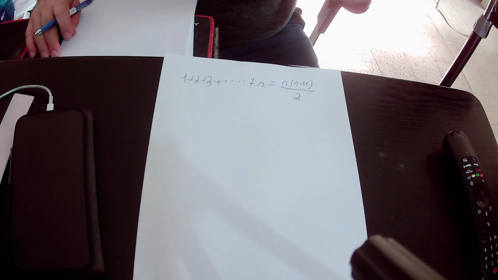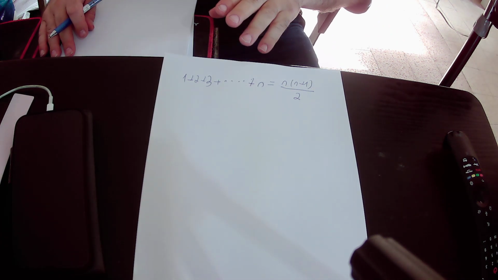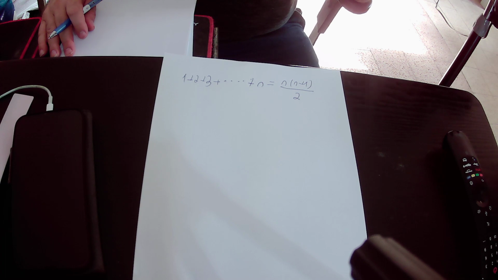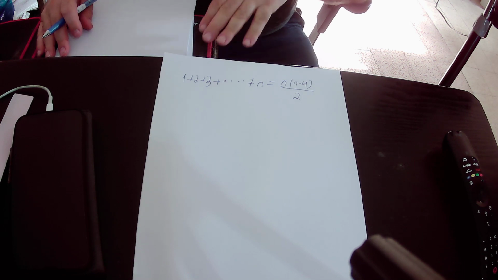This is the claim, the statement or the equation that we want to prove for all the natural numbers. That is to say, for 1, 2, 3, 4, okay, for all the natural numbers.